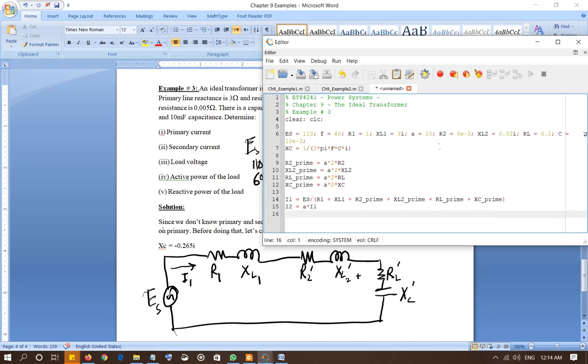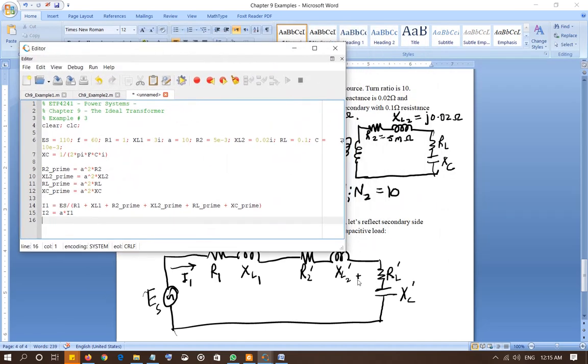Next, load voltage. When we calculate the load voltage across RL and XC, that's going to be the reflected load voltage. But since we already calculated the actual value of I2, we're going to calculate the load voltage from the original circuit.